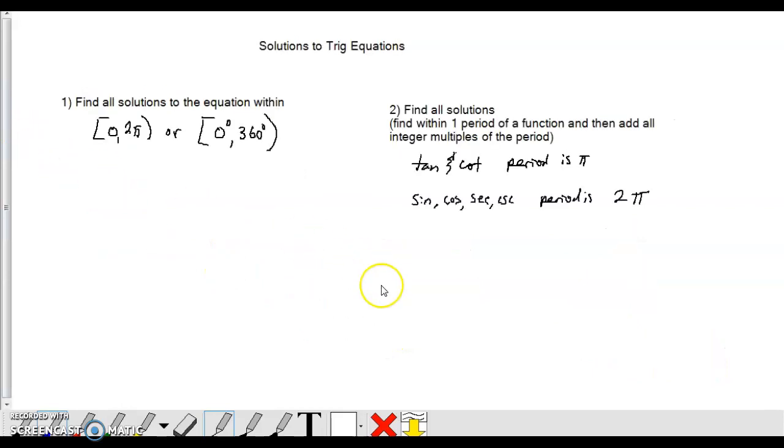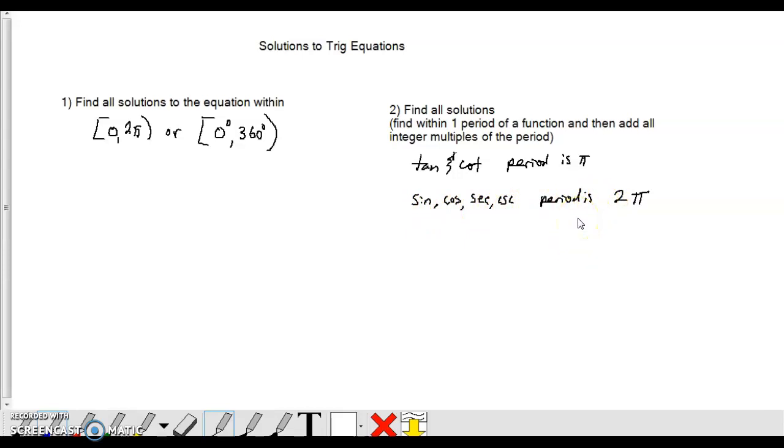Or sometimes we want to find every solution out there. That means we're going to find them within one period, and then add all integer multiples of our period. It's important to recall what a period length is. For tangent and cotangent, the period is pi. For everything else, sine, cosine, and its two reciprocals, our period is 2 pi.